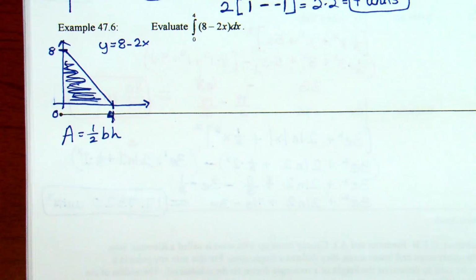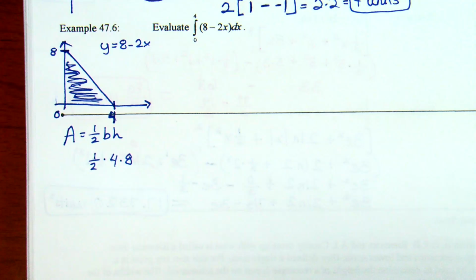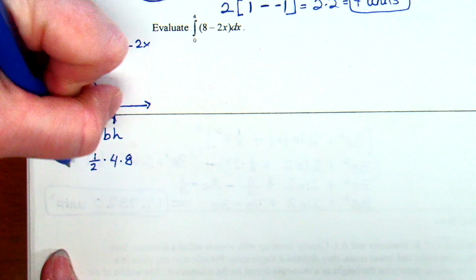So, what are my base and height here? 8 and 4. So, 8 times 4 divided by 2 is 16. So the answer to this problem is 16.